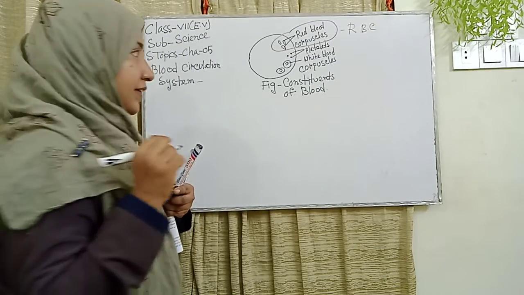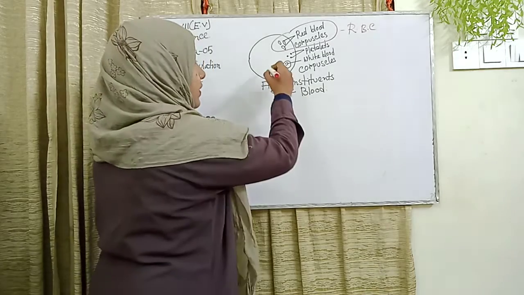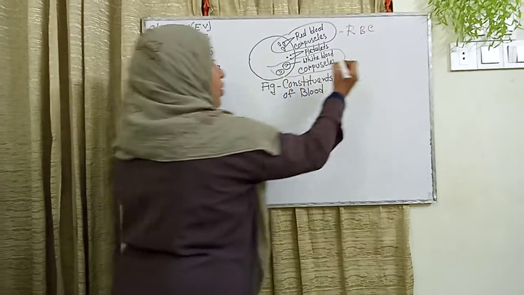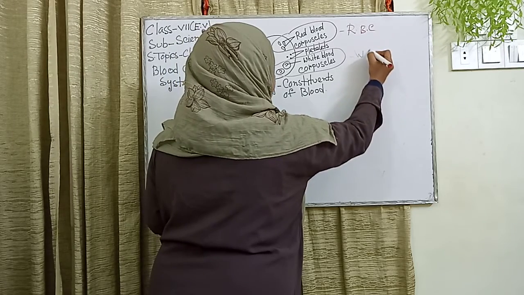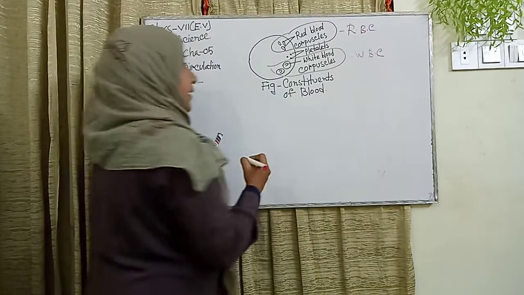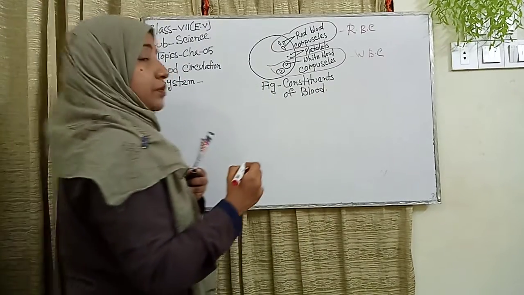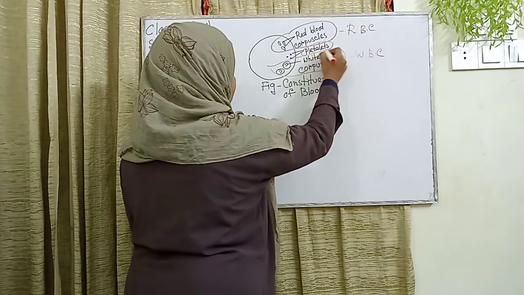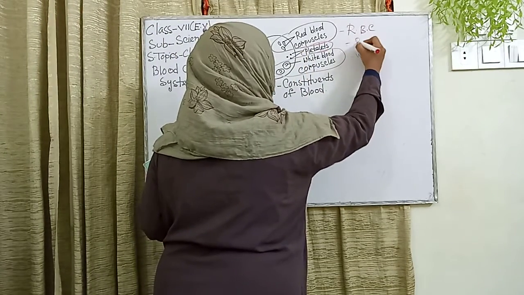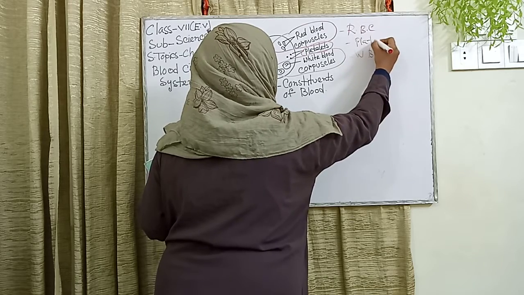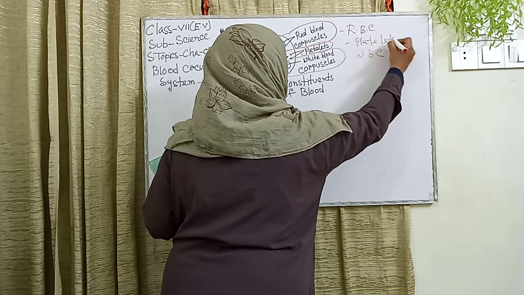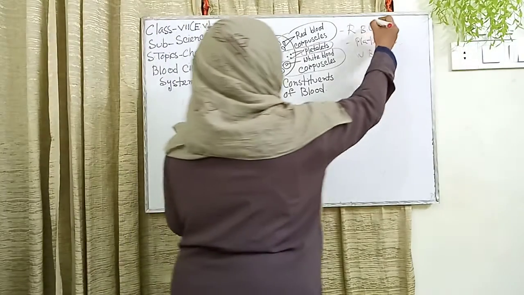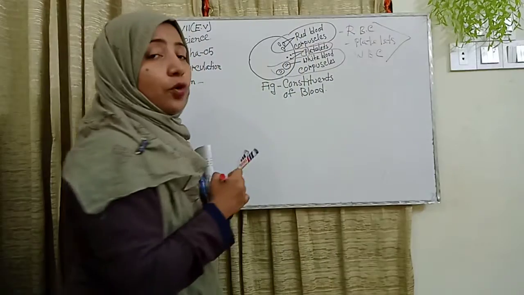The second is the WBC, white blood corpuscles. The third is platelets, another name is thrombocytes, as explained in this book. These three structures are the blood corpuscles.